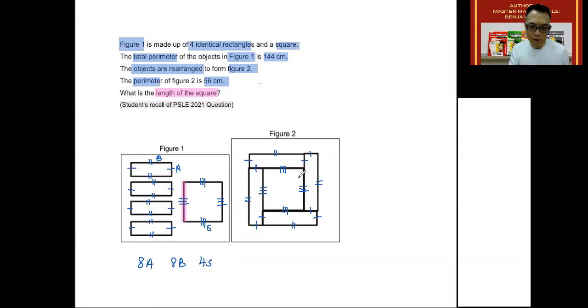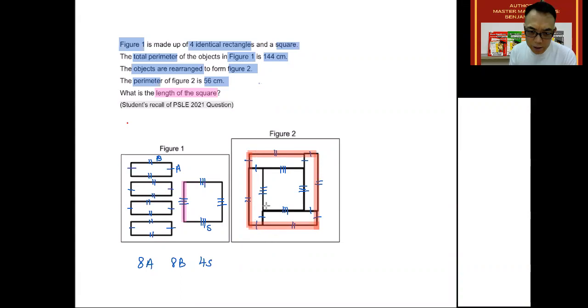Now, if we go to figure 2, and we were to look at the perimeter of figure 2, which is given to be 56 centimeters, then we know that if we were to add up this plus this, plus this, plus this side, the total is 56.